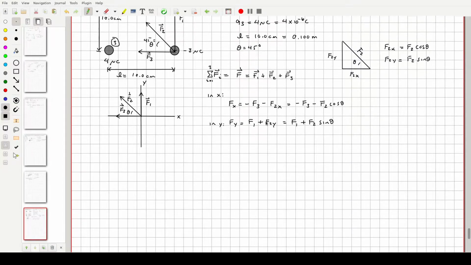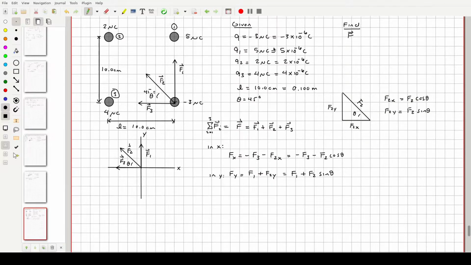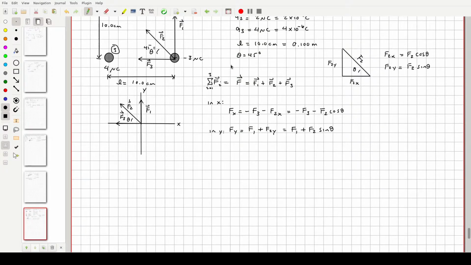Now, what do our vectors in magnitude look like now? Because we've already taken into account the directions. So if we've already taken into account the directions, whether we're dealing with opposite charges or like charges doesn't matter anymore, because we've already figured out what the differences in polarity are going to do for us. So when we plug things in, we're going to just be plugging the positive values in. Okay?